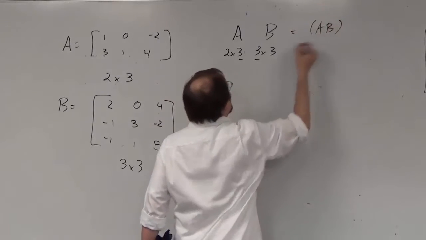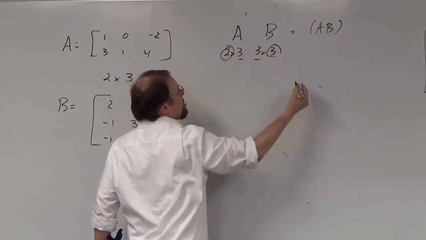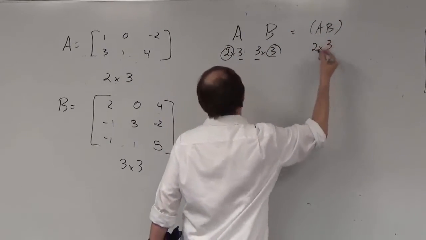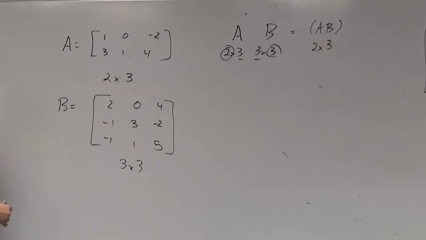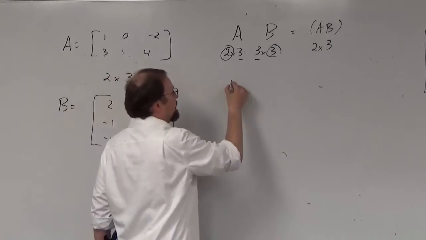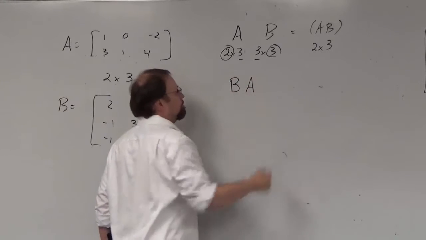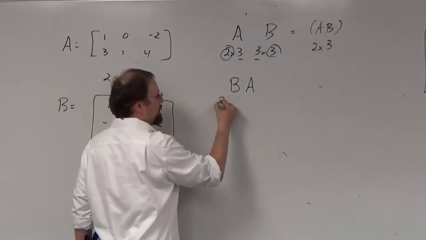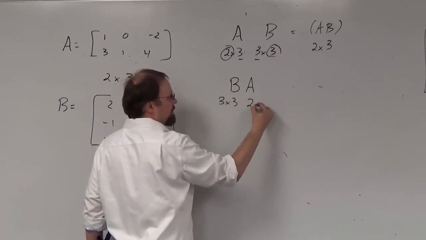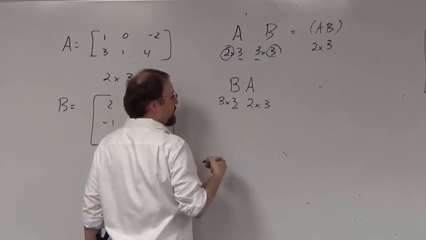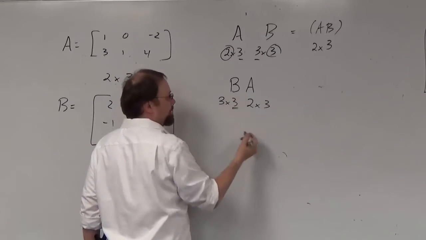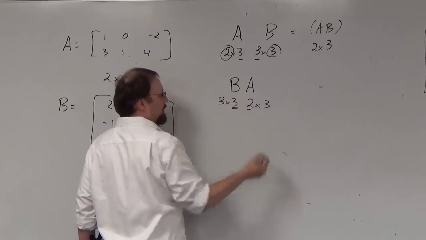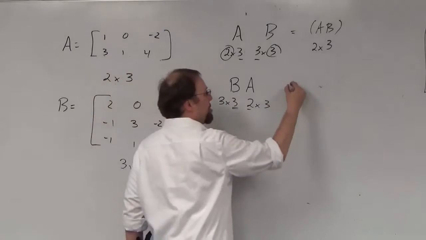It'll be 2 by 3, right? What about B times A? Is that defined? Yeah. 3 by 3, and this is a 2 by 3. The number of columns for the left matrix does not match the number of rows here, so not defined.